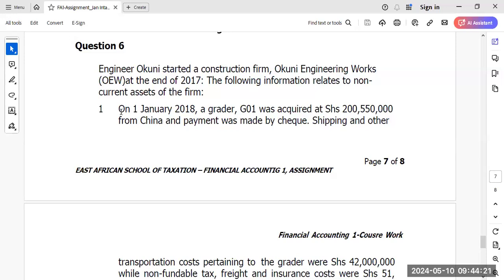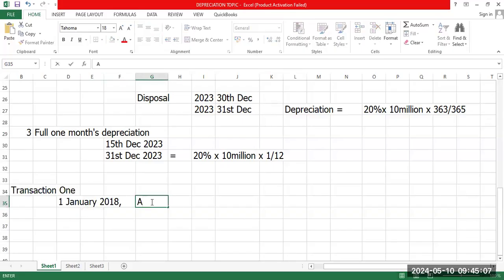They are telling you that a grader G01 was acquired from China, and payment was made by check.